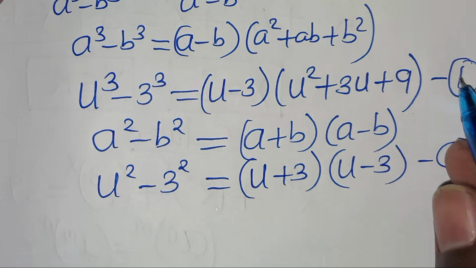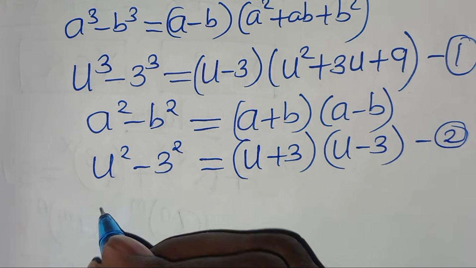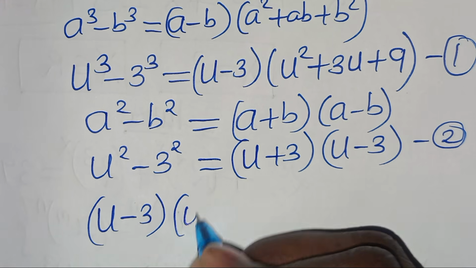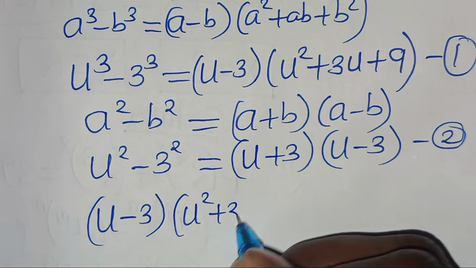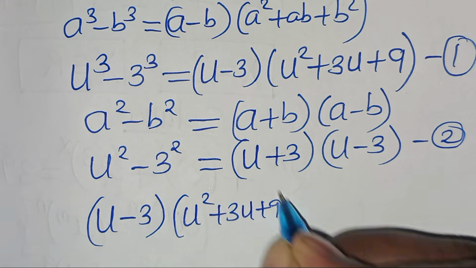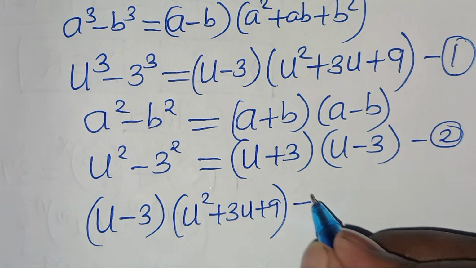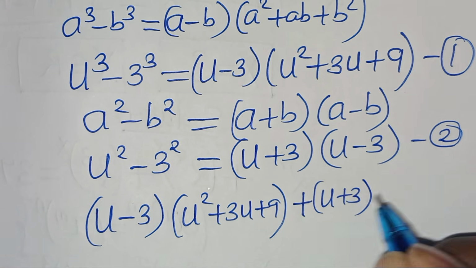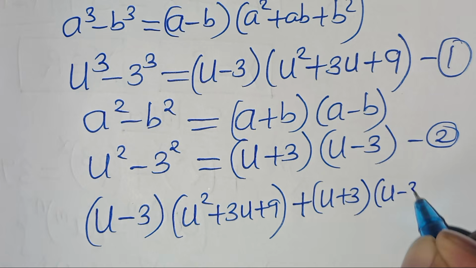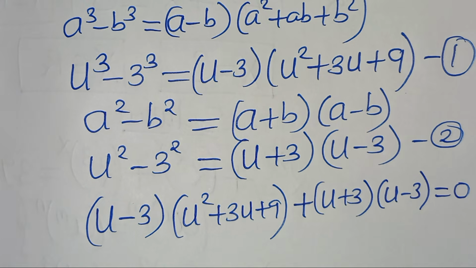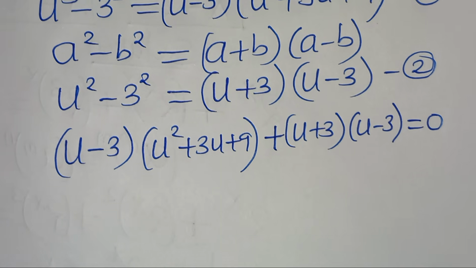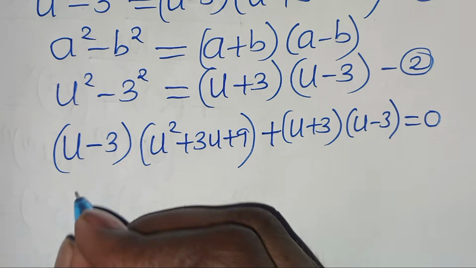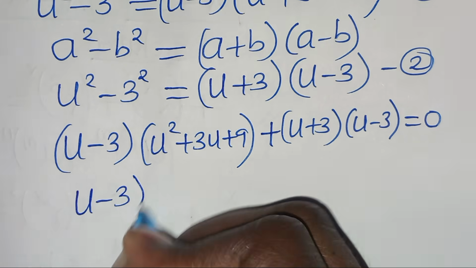Let's combine the first part and the second part. We have u minus 3 times u squared plus 3u plus 9, then we have plus u plus 3 multiplied by u subtract 3. This is equal to 0. u subtract 3 is common here, so we factor out u minus 3.